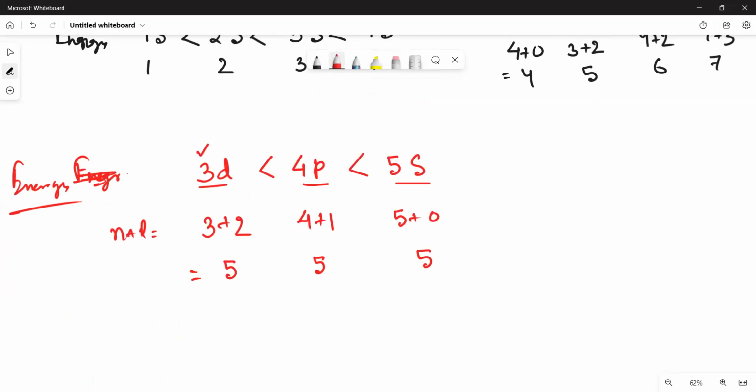Generally, this type of sequence is followed up to atomic number Z equal to 93.